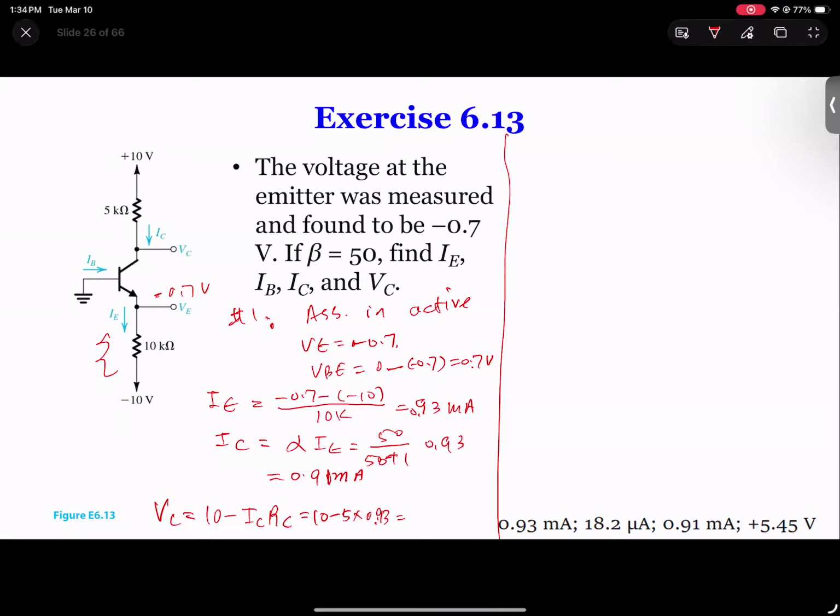465. So we got about 5 volts. So now we found that voltage at VA, and we also know voltage at VE. So we can now calculate.